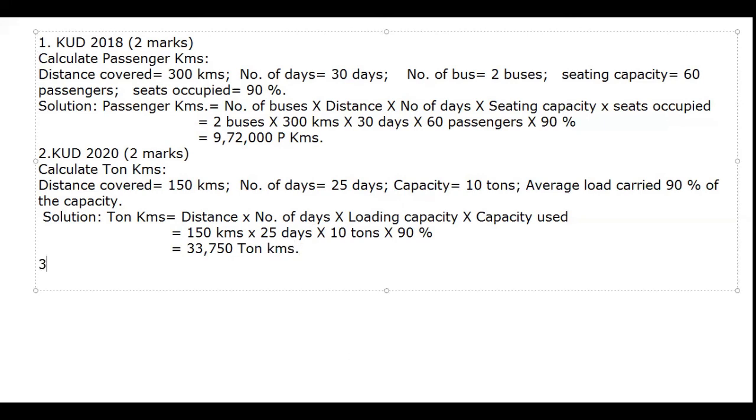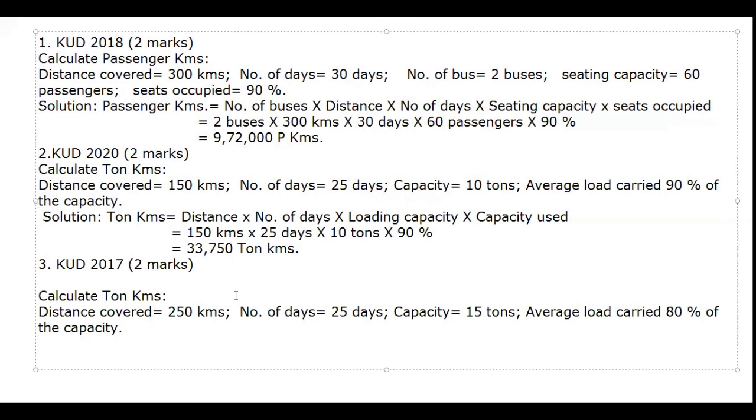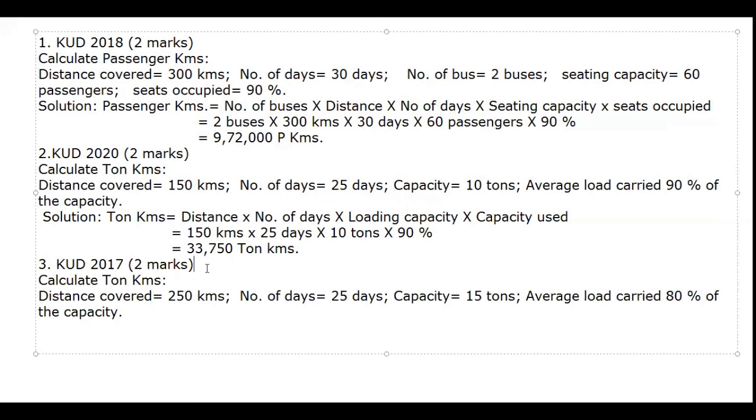Now let's solve one more problem which was asked in the year 2017 for 2 marks from Karnataka University, Dharwad. So let's see the problem here. So this was the problem. Again, it is asked about ton kilometers itself.